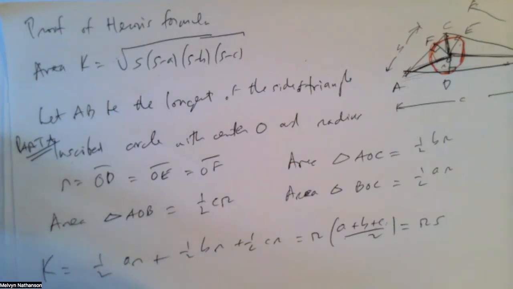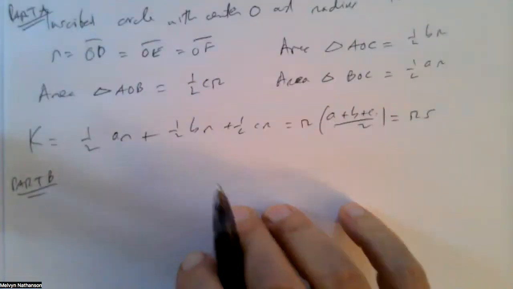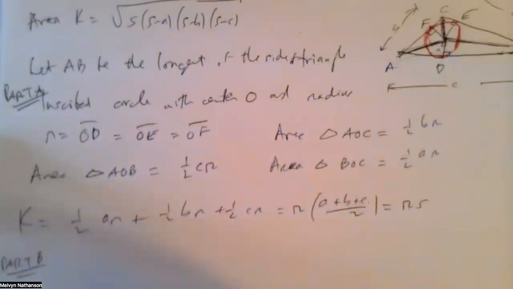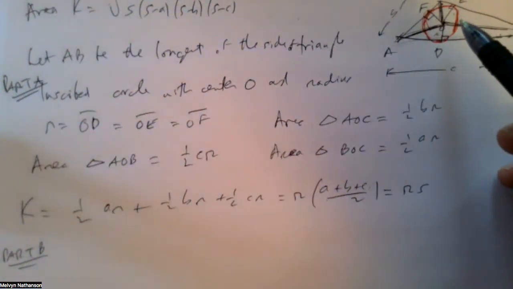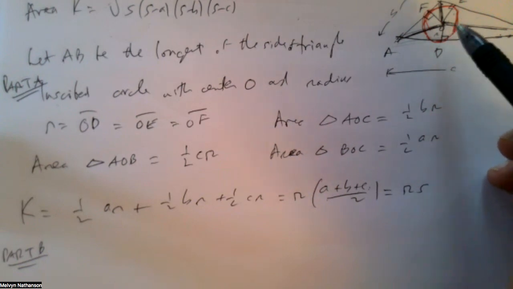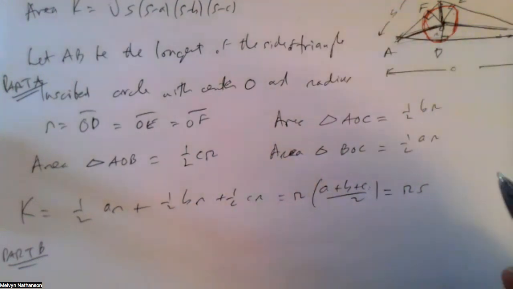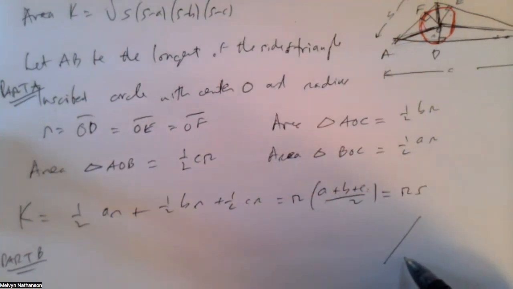In part B, we have to look at our triangle again. Let me sketch it again.